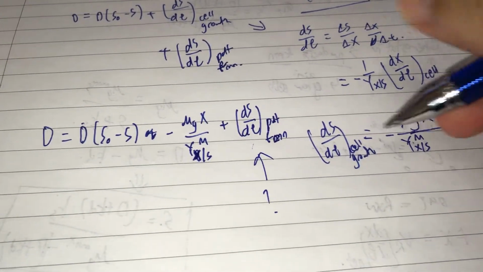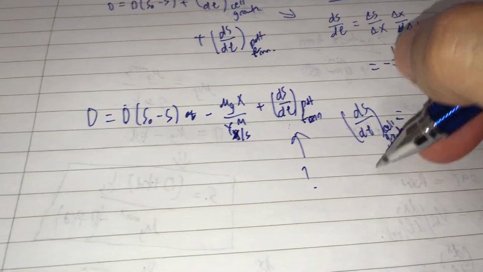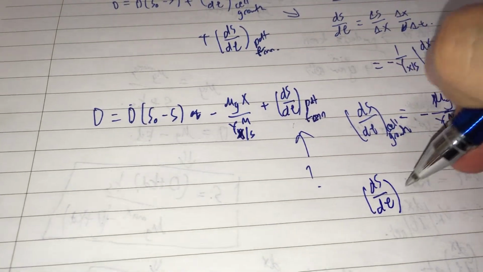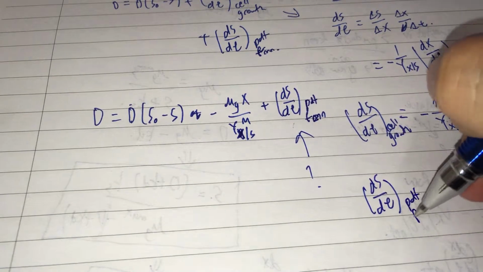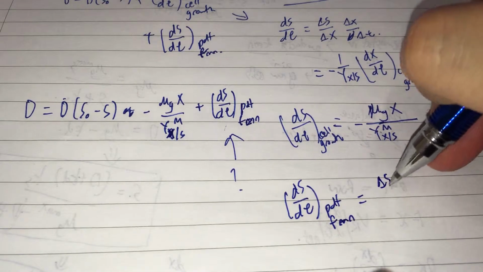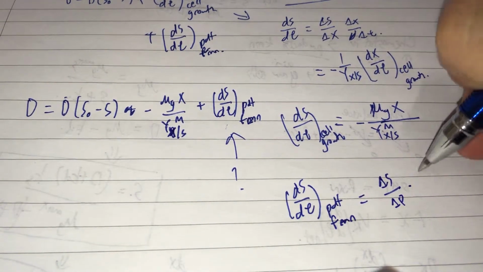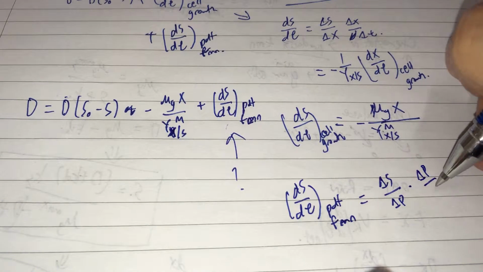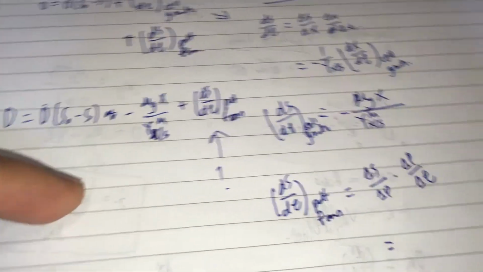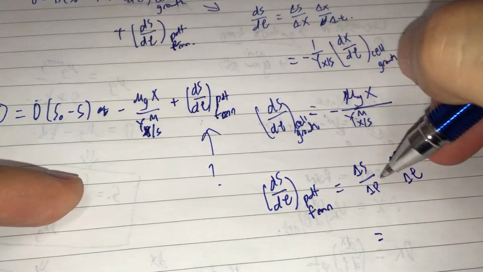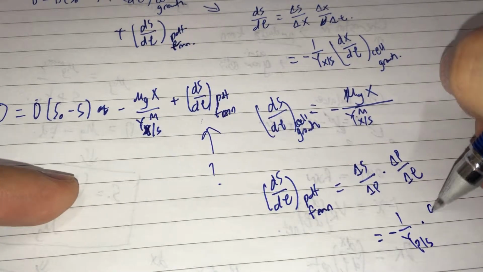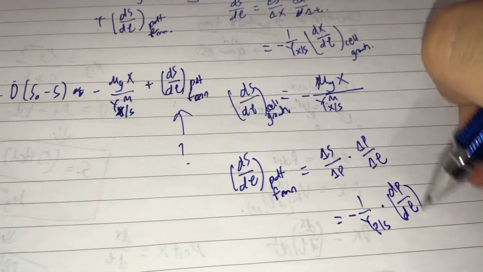We can perform a similar trick. So we have ds/dt of product formation equals del s del p times del p del t, the product formation rate. So this will be minus 1 over Y p by s times dp/dt.